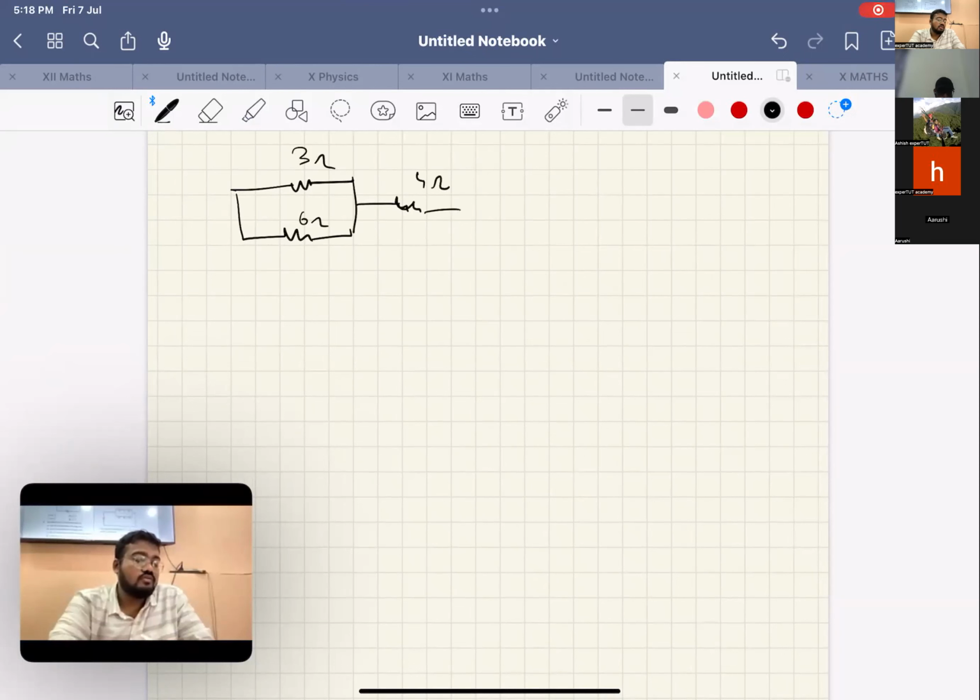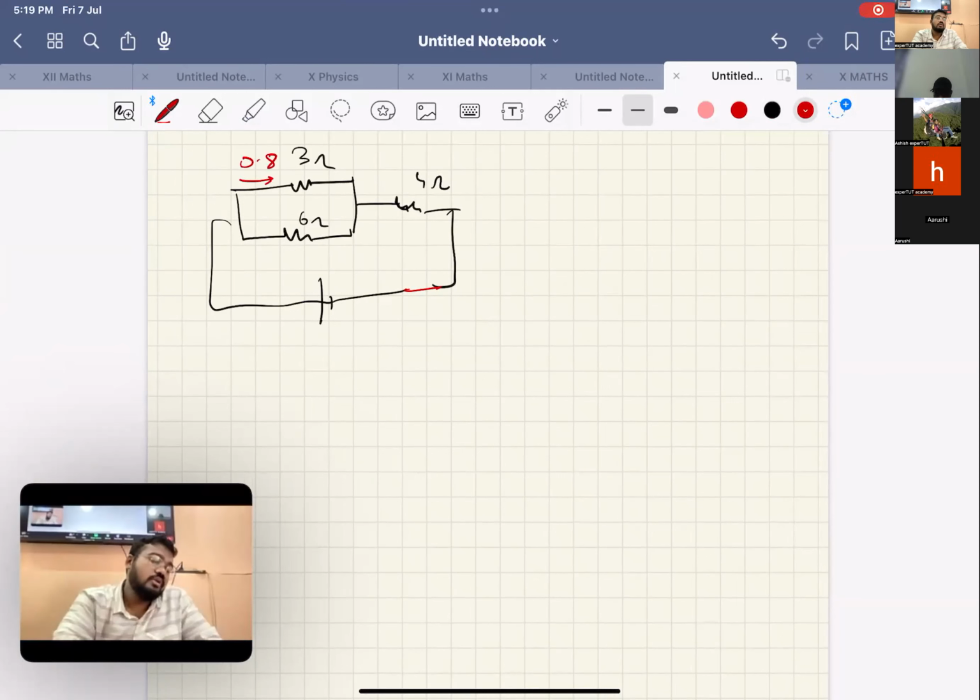This is a good question. They're asking what is the potential drop across the 4 ohm resistor. 3 ohm resistor has 0.8 ampere. What is the potential drop across the 4 ohm? Through this 0.8 ampere is flowing. That means what is the potential drop across this?